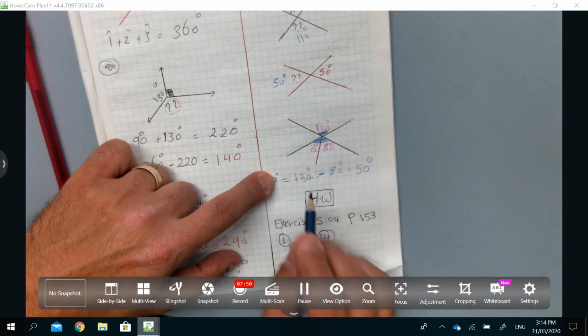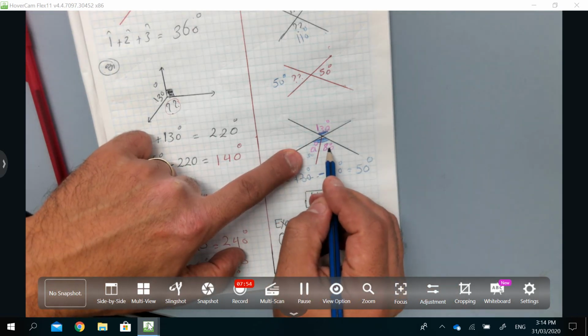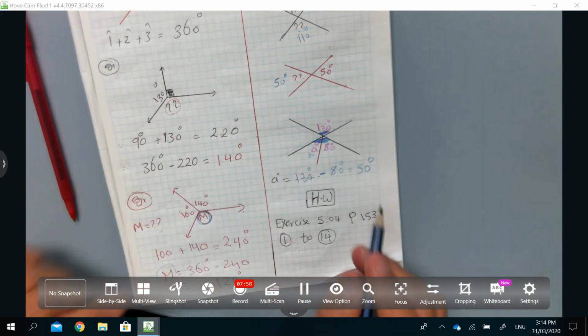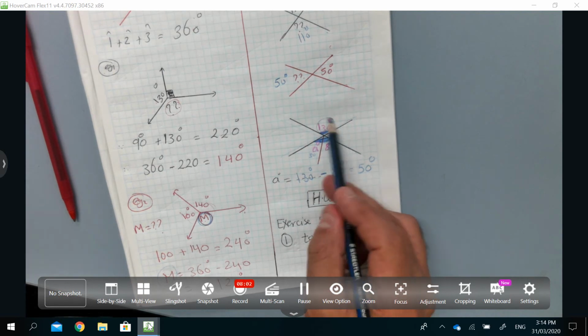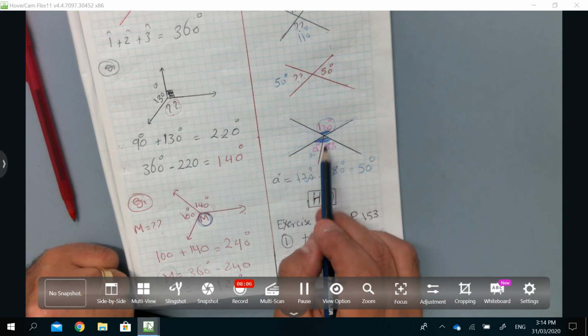Why here? Because when you add 50 plus 80 it is 130, and this 130 and this 130 are, obviously, vertically opposite angles. So this angle equals this one plus this one, because they are vertically opposite angles.